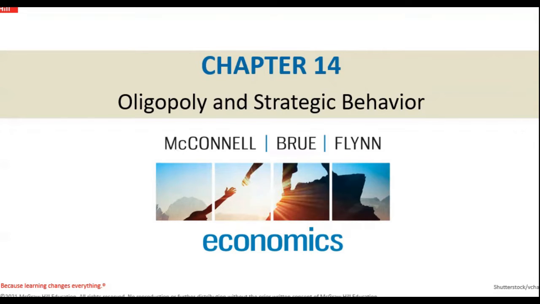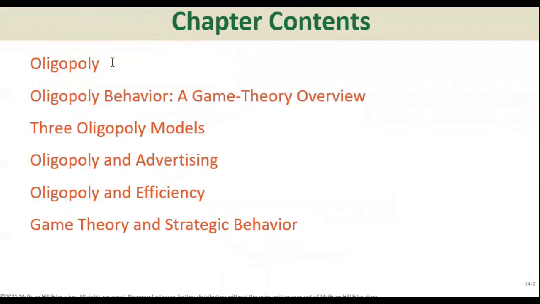So in the content of the chapter, oligopoly behavior will bring in game theory, so we look at a game theory overview. We'll see some of the oligopoly models, and also answer the question why we don't have a single model to explain oligopoly. Oligopoly and advertising, we'll explore the concept again.